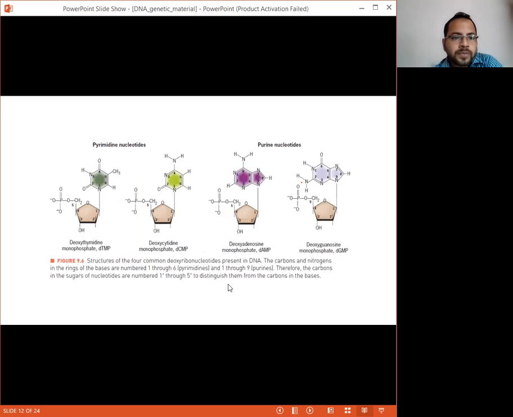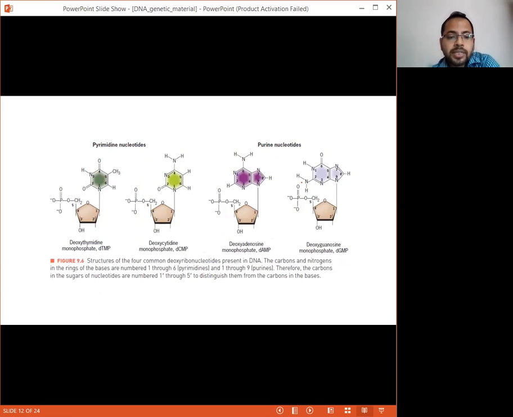Okay. And then how the nucleotides are formed. In the case of pyrimidine nucleotides, we call them deoxythymidine monophosphate or deoxycytidine monophosphate. Whereas purine nucleotides are named deoxyadenosine monophosphate, that is dAMP, or deoxyguanosine monophosphate, that is dGMP.